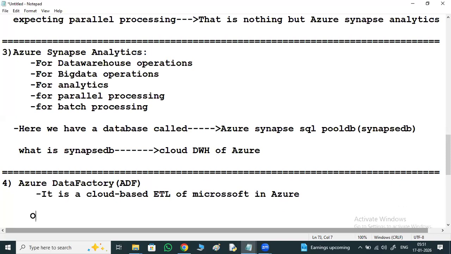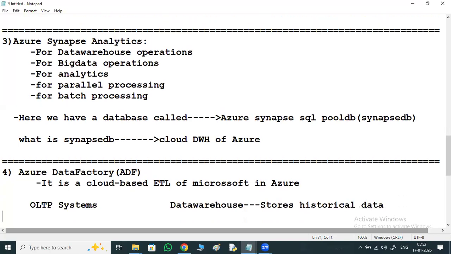For example, here we have got OLTP systems and here we have got data warehouse systems, which store historical data. What are the different OLTP systems?